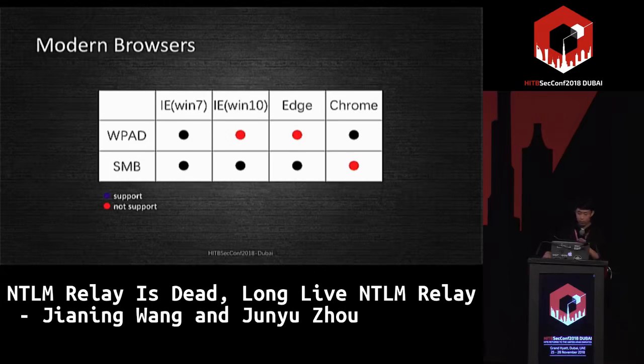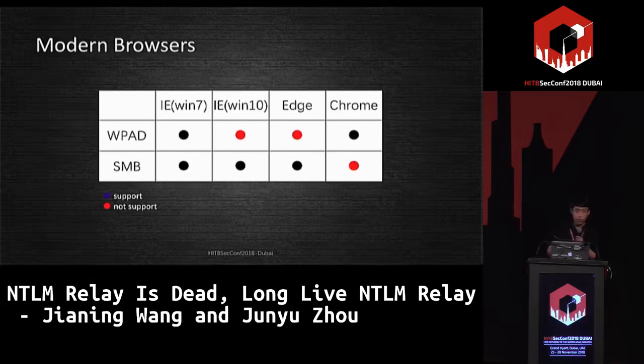From the table, we can see only IE on Windows 7 and Chrome support WPAD, which means the attacker can be the evil proxy server in these two browsers. And we can see Chrome blocks the SMB access.